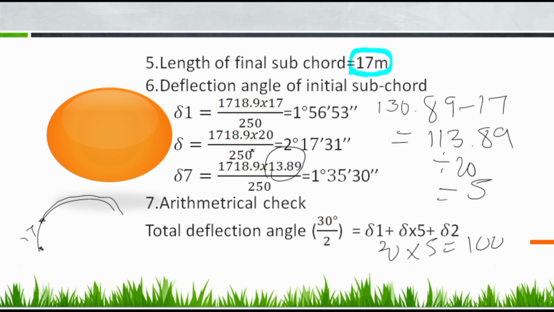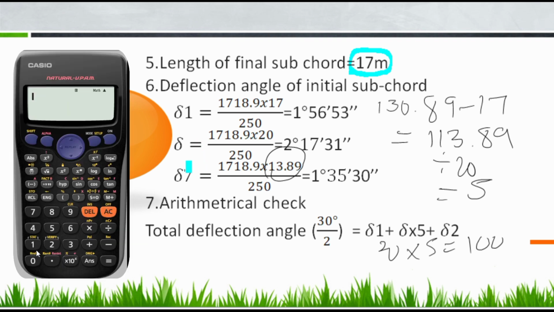Then here we had all our full subchords. That's how we get the subchords. After finishing that, you go back to our formula. Our deflection angle 1 is equal to 1718.9 multiplied by C1 over R, which is 250.